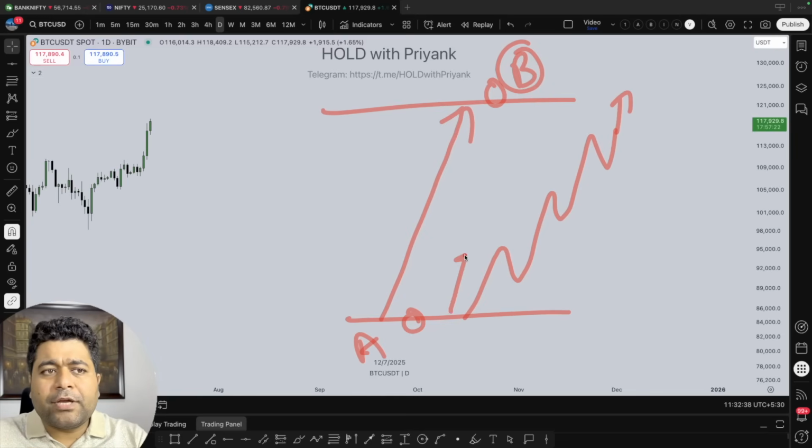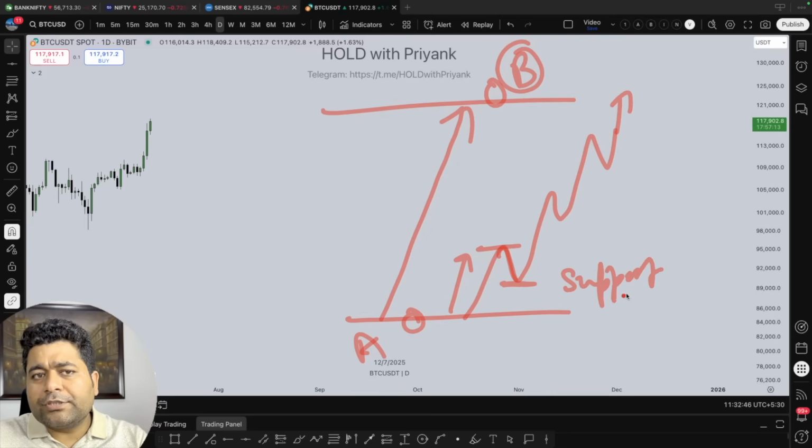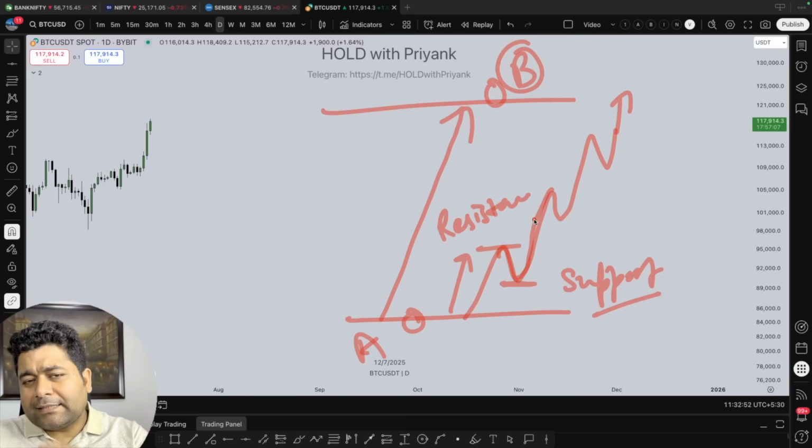When price was going up, it faced resistance here and started dropping. Then it took a level here where it found support to continue its trend. Here it found resistance and it kept moving up.